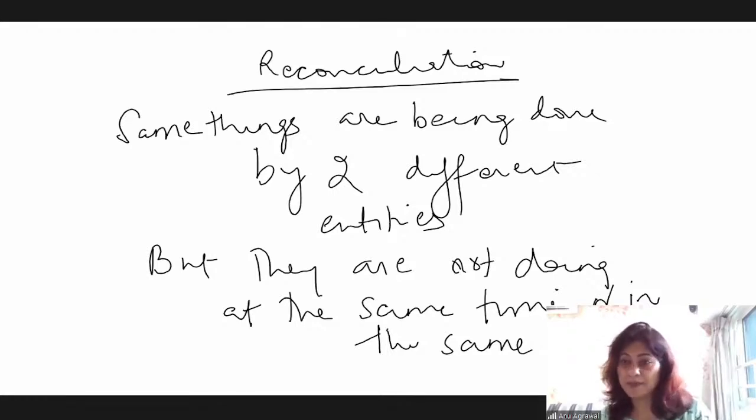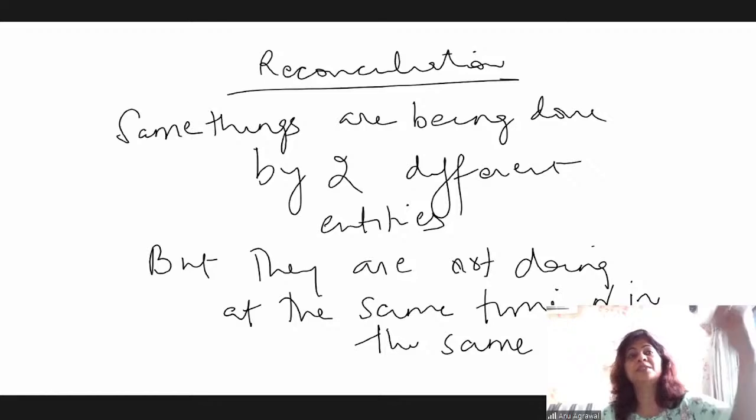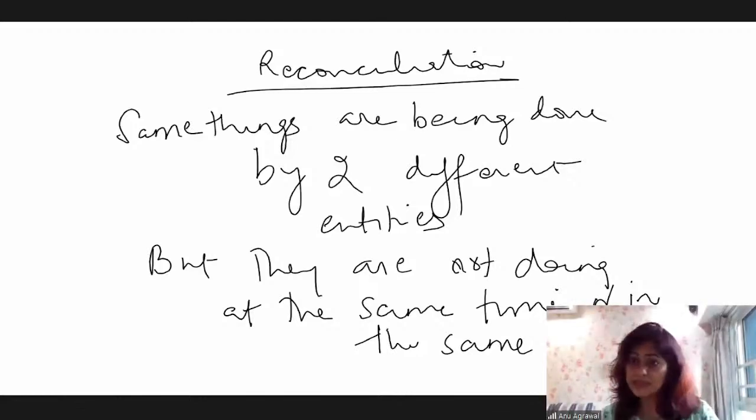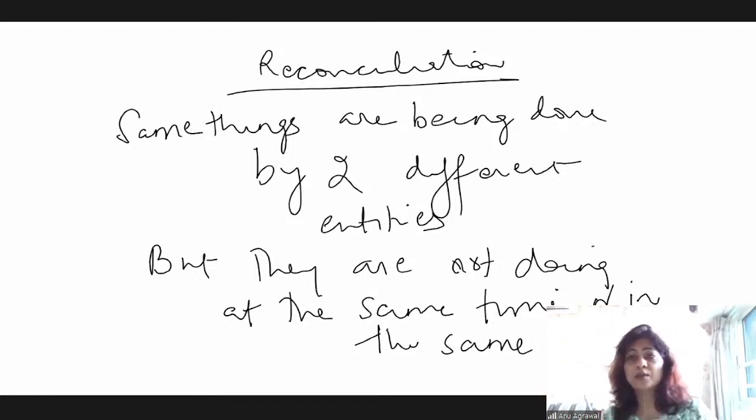The balance which I may be showing, that this much amount I need to receive from the other entity, technically the other entity should also show that they are supposed to pay me that much. But practically, if the entries have not been made at the same time by both entities, or there is a difference in the figures, obviously the balances won't tally. I may show that I have to receive 10,000 and the other party may show that they have to pay you only 8,000.